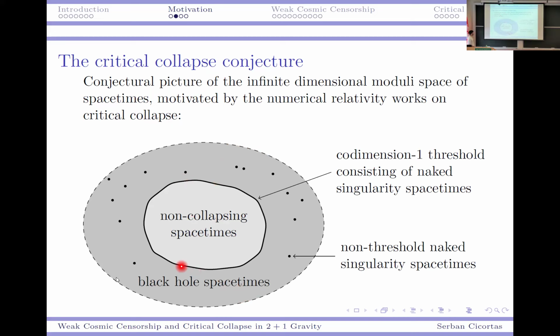I have black hole spacetimes, I have non-collapsing spacetimes, and these are separated by a codimension 1 threshold, which consists of naked singularity spacetimes. And then I can also have naked singularities out here, which are not on the threshold.